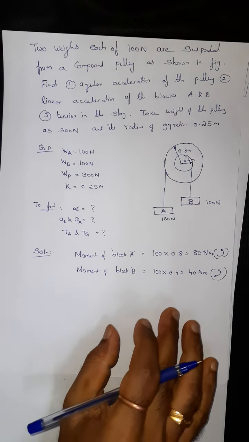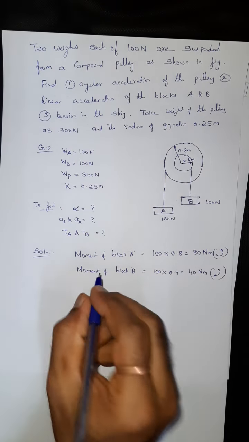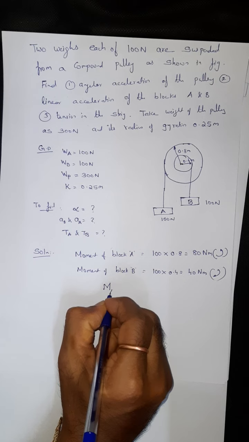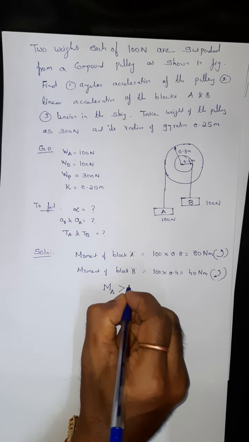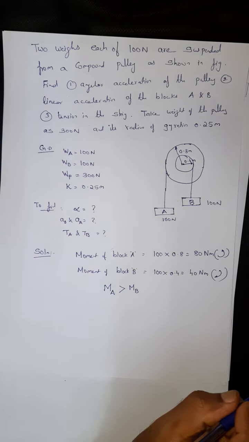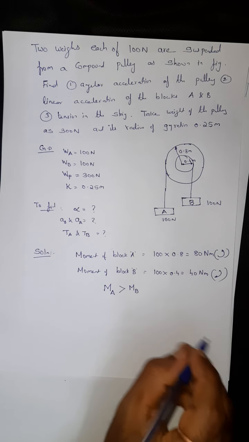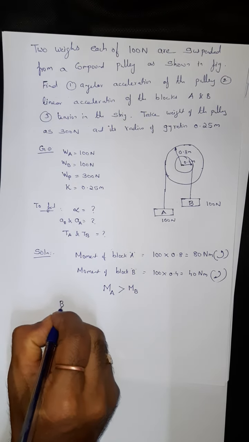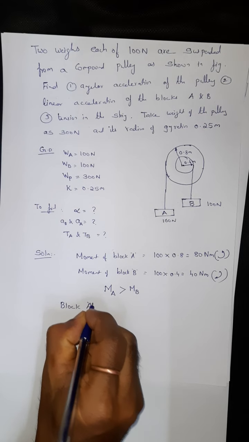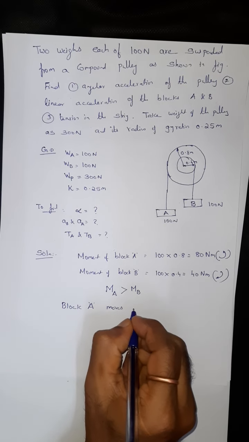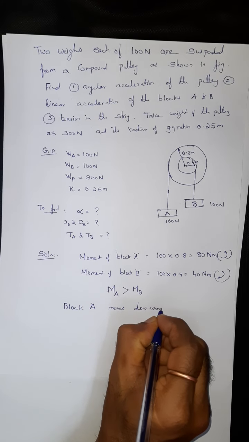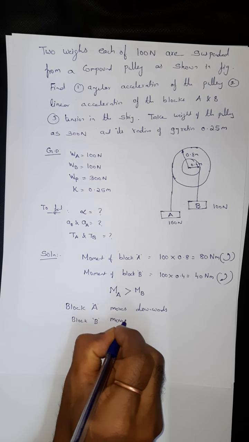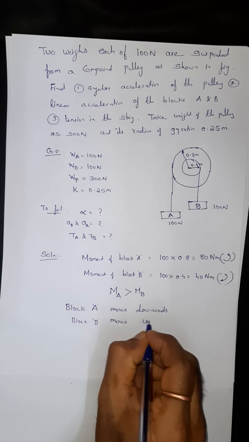So the block A moves downwards because the moment of A is greater than moment of B. Therefore block A moves downwards and block B moves upwards.